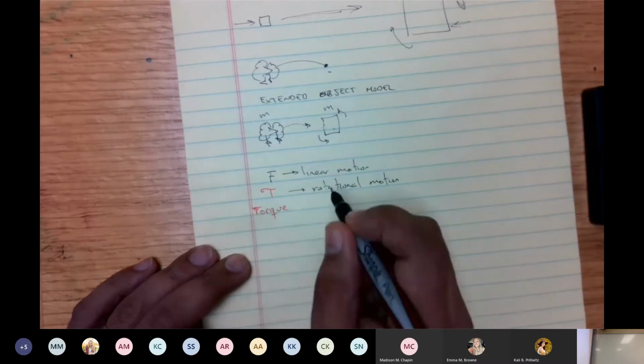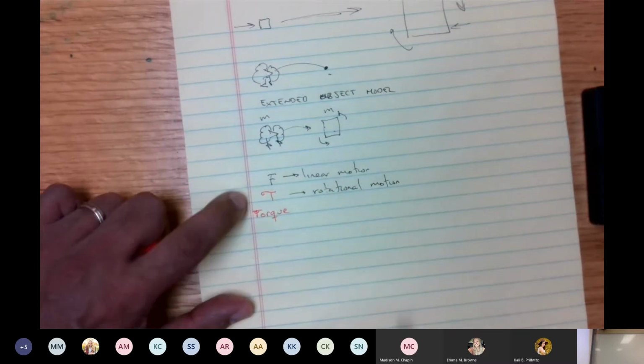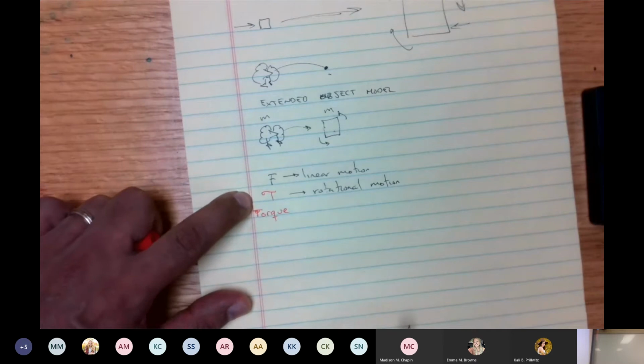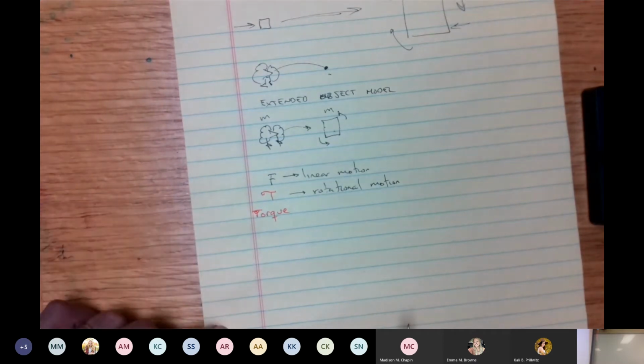I use this Greek letter, tau, to talk about torque. So the same way that if something is moving it is because the sum of forces is not in equilibrium, and that causes the object to move, when something rotates it is because the sum of torques, or the net torque, is different than zero, and that object is going to start rotating.